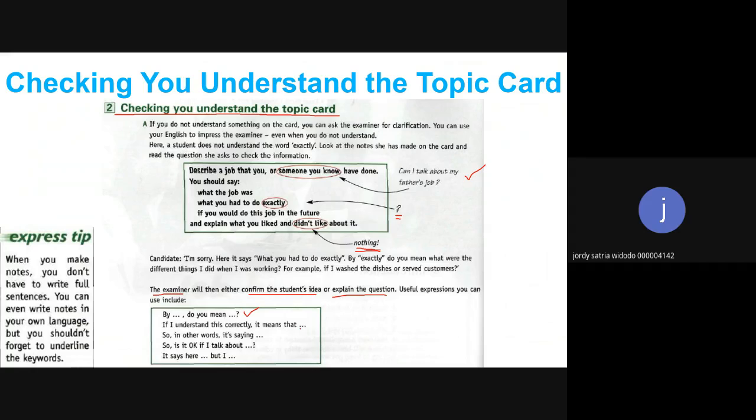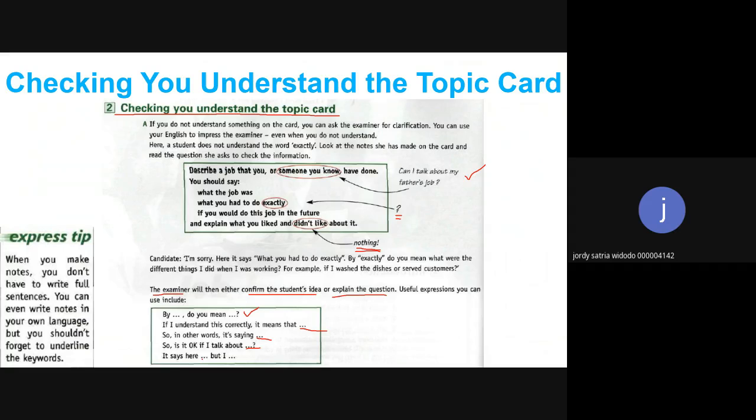In other words, you can also add what you don't understand. So, is it okay if I talk about my father's job? Or it says here blah blah blah, but I don't understand what it means. Later the examiner will explain what you don't understand about it.